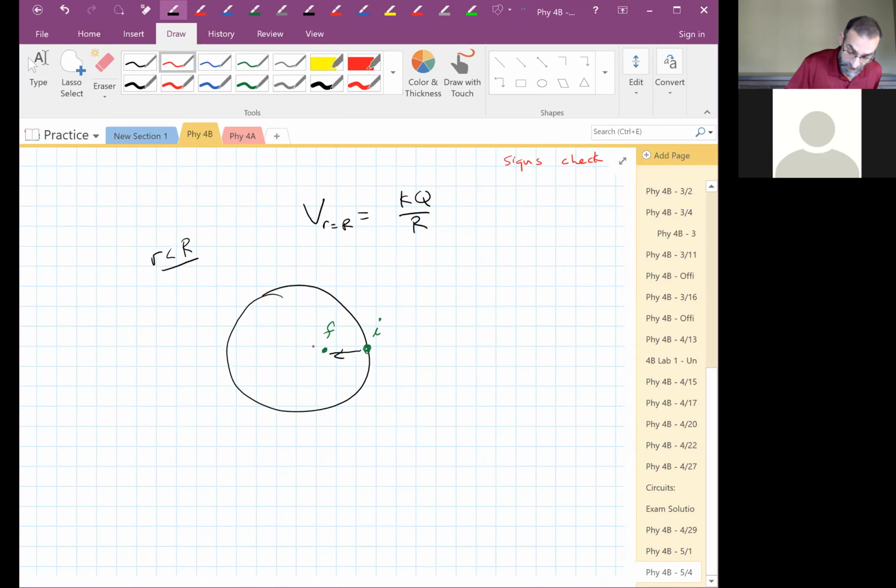This is any arbitrary R, R final. So R initial is the radius, and R final is any arbitrary R inside of this charge distribution.